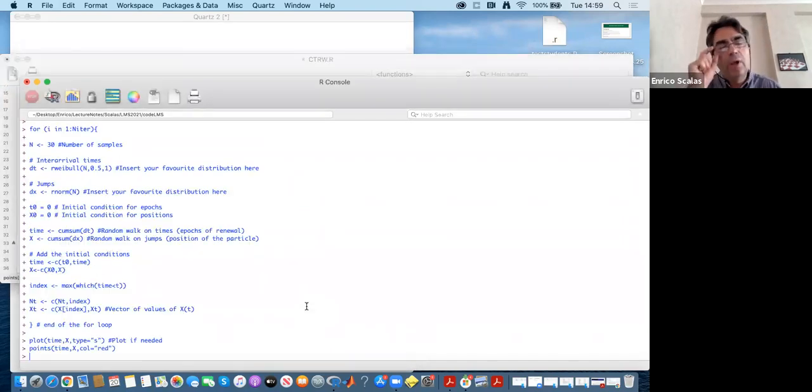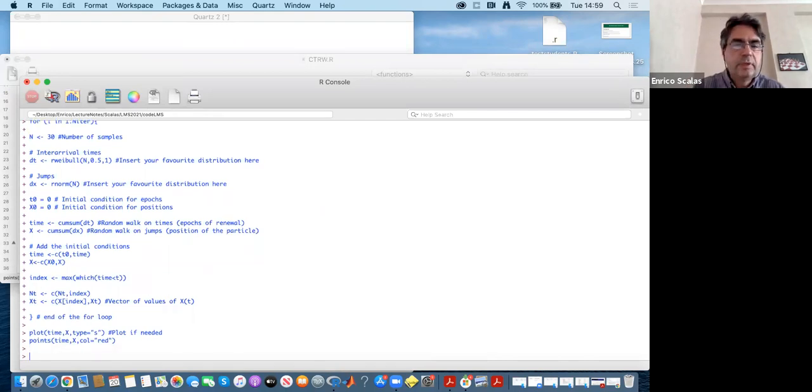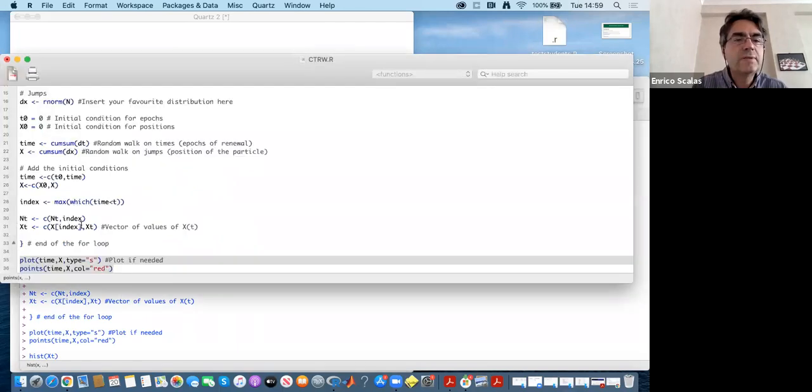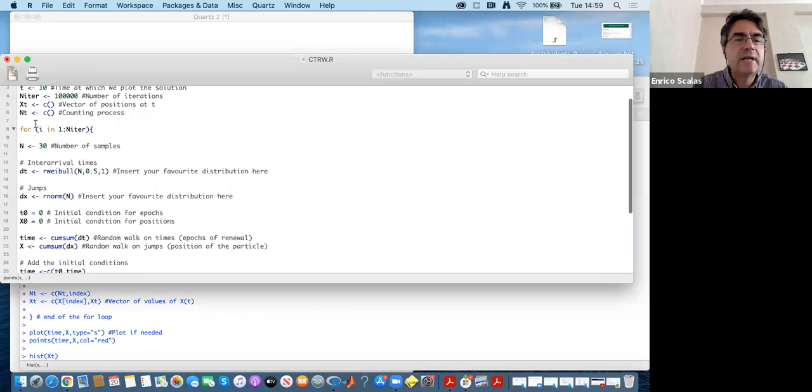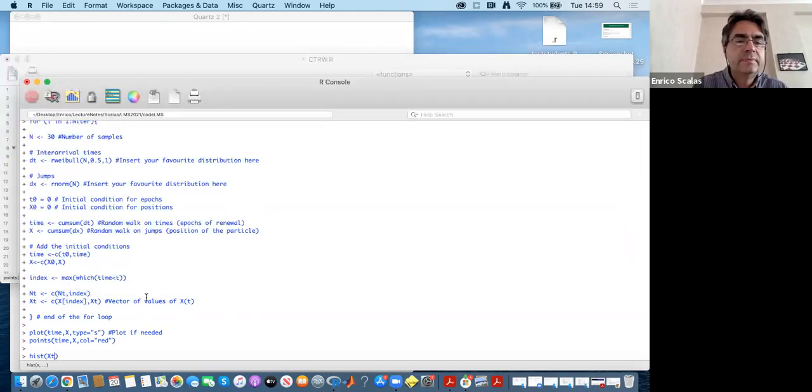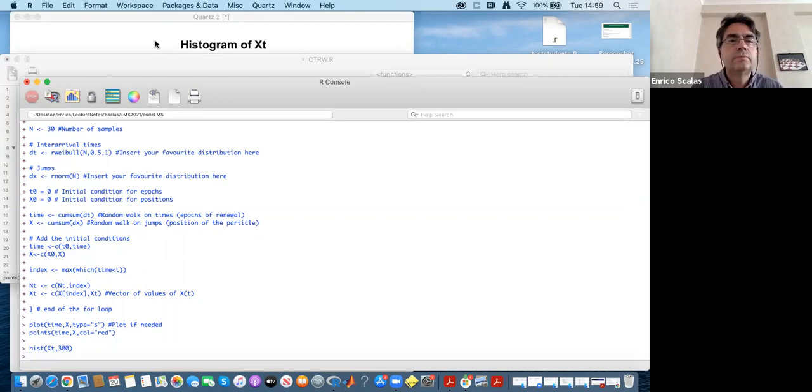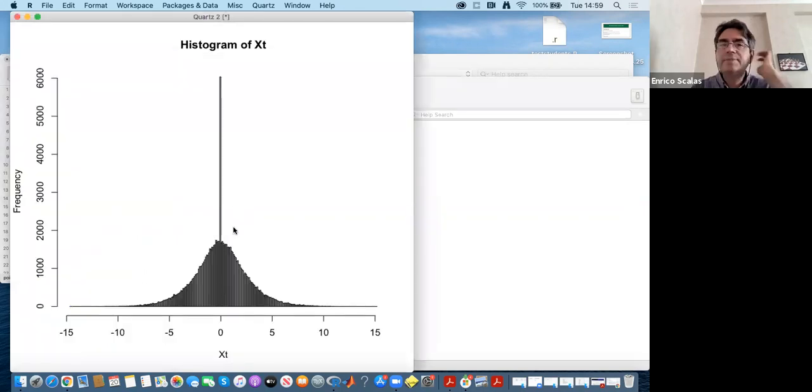And we can now plot the histogram of xt. Remember, in xt, we store the value of x at time 10. And maybe we say that we want 300 bins. And here is the result.